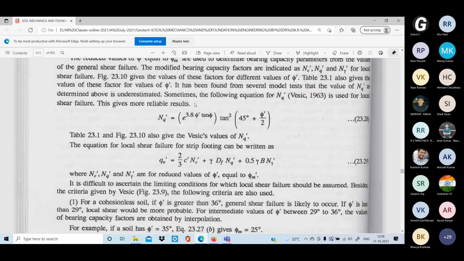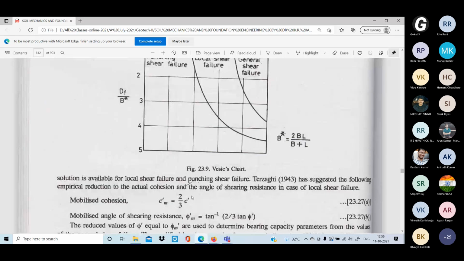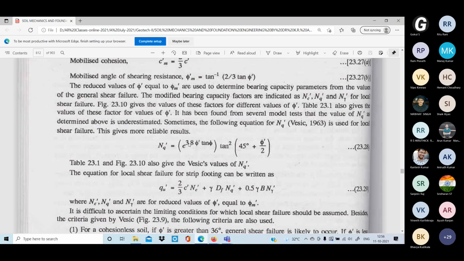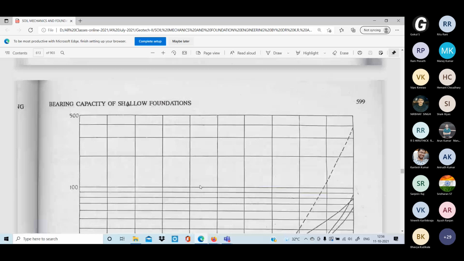C becomes mobilized, 2/3 of C. Phi mobilized becomes tan inverse of 2/3 of tan phi, or tan phi mobilized is equal to 2/3 of tan phi. So if you apply these two things to Nc, Nq, N gamma, the equation becomes like this: Nc prime, Nq prime, and N gamma prime for the local shear failure. This is very important.